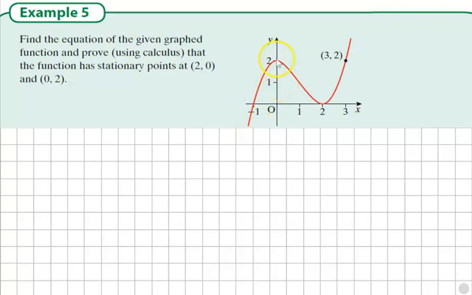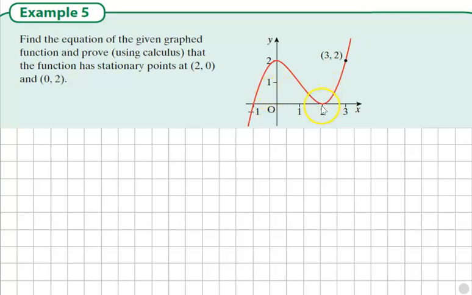It crosses the y-axis at 2. So (0, 2) is going to be one of the points on the graph, and it also happens to be the maximum turning point. It crosses the x-axis at minus 1. So x plus 1 is going to be a factor.